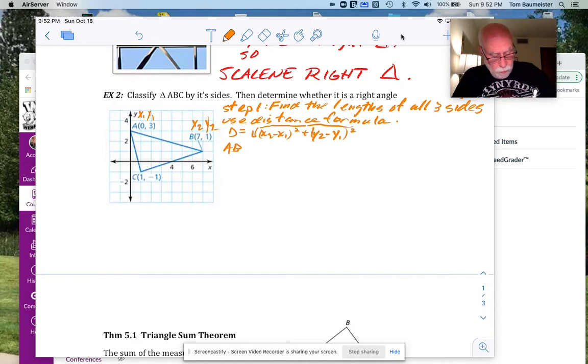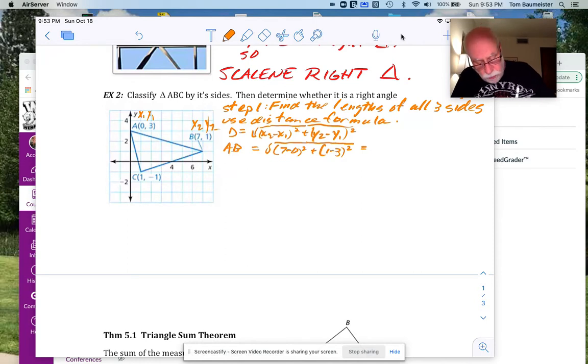So if I use AB, I'm going to say it's the square root of 7 minus 0 squared plus 1 minus 3 squared. If I work that out, 7 minus 0 squared is 7 squared, which is 49. 1 minus 3 is negative 2.